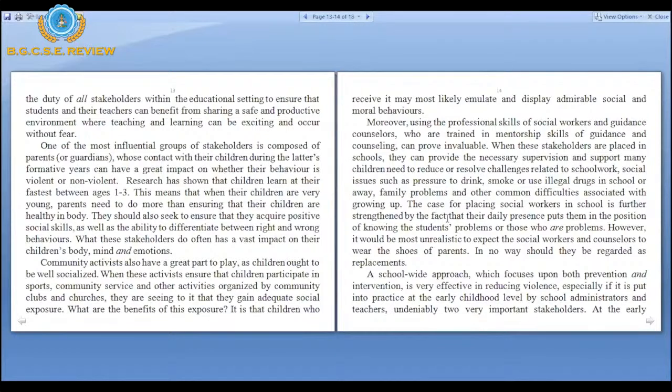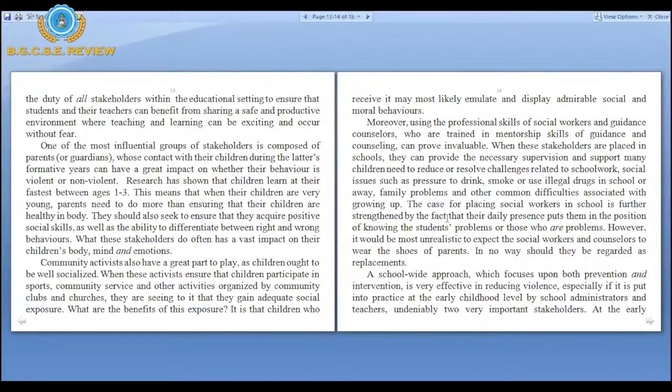A school-wide approach, which focuses upon both prevention and intervention, is very effective in reducing violence, especially if it is put into practice at the early childhood level by school administrators and teachers, undeniably two very important stakeholders.